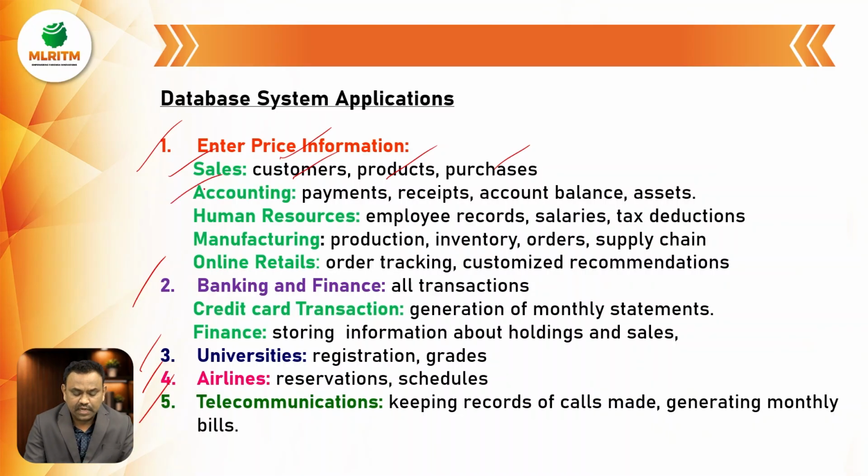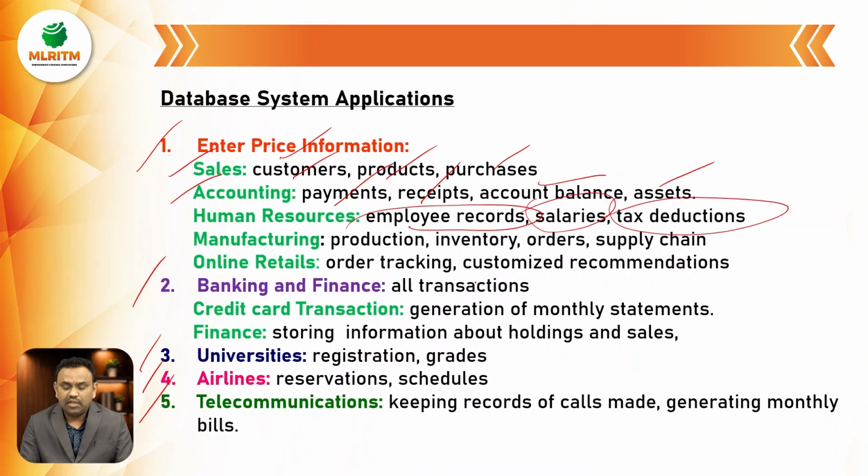Coming to the second one, accounting. It maintains information about payments, receipts, account balance, assets, etc. Coming to the human resource application, it maintains the records of employees, salary statements, tax deductions, how much salary and how much amount is deducted. Coming to manufacturing: production, inventory, orders, supply chain.